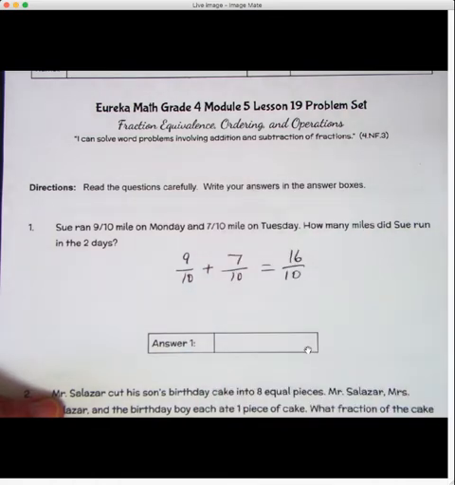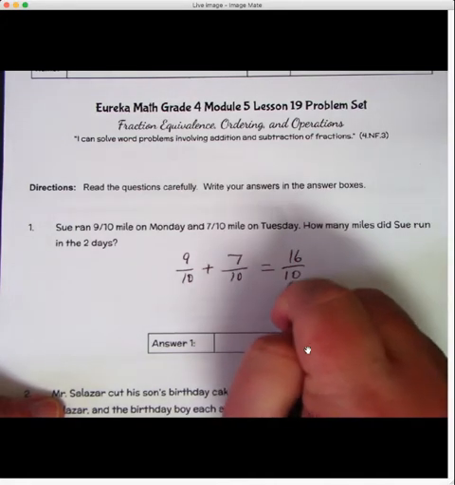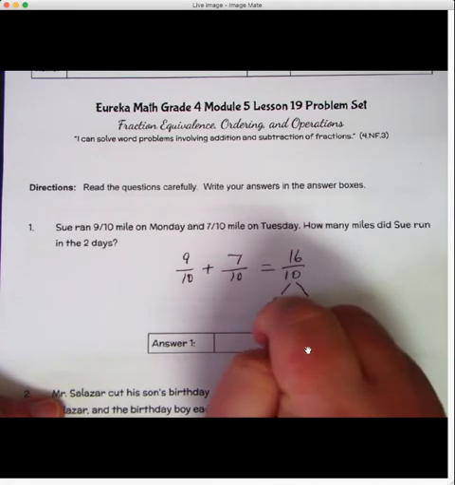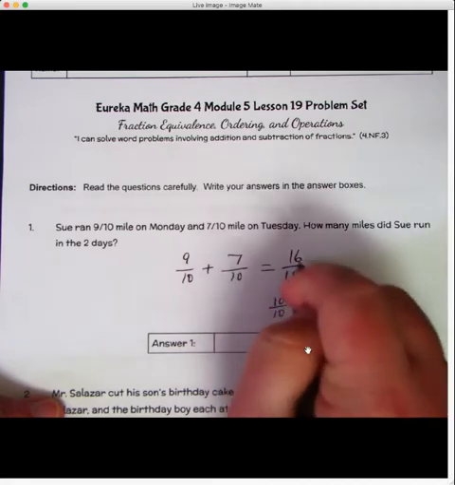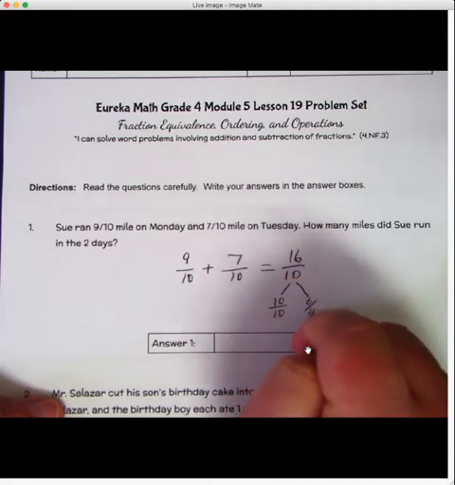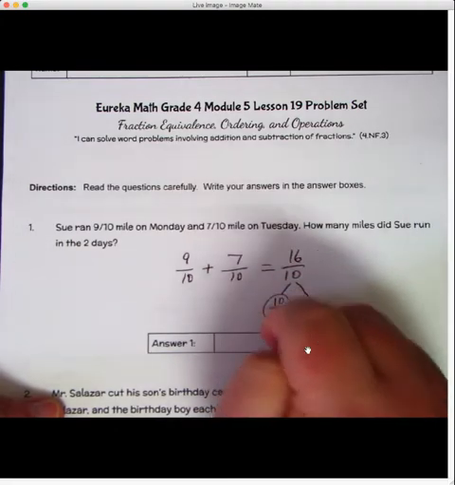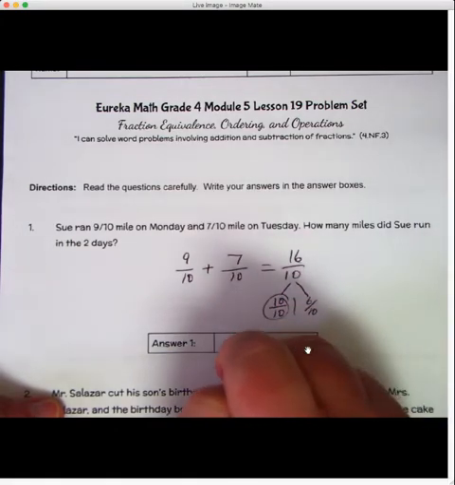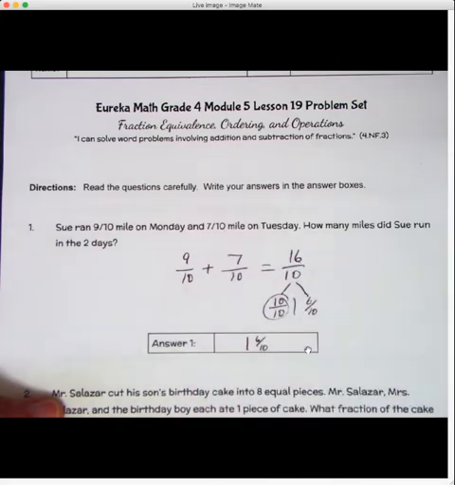The one thing we can't do is say she ran 16/10 miles. That doesn't make sense, does it? So we need to break this down and make it a mixed number. So that'll be 10/10 and 6/10 more. 10/10 is 1. So we would say Sue ran 1 and 6/10 of a mile in 2 days.